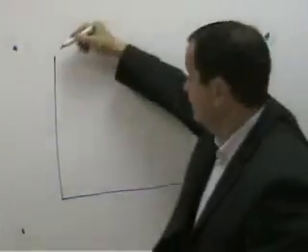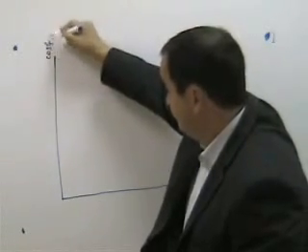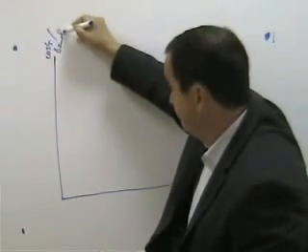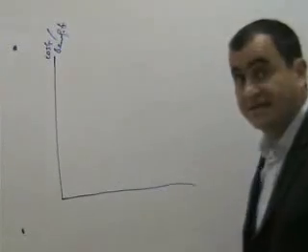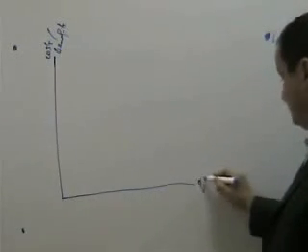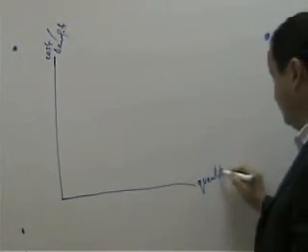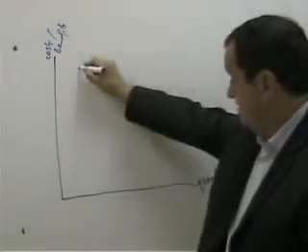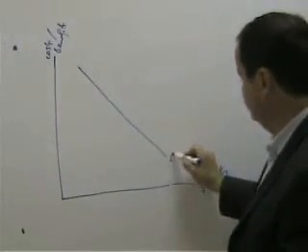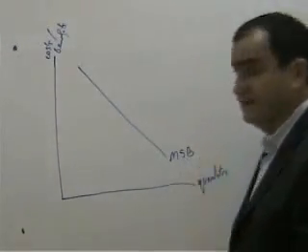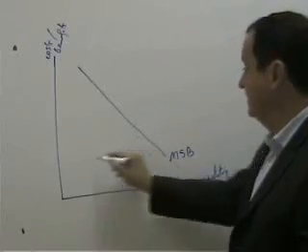On the vertical axis we have costs and benefits. On the horizontal axis we have quantity, or output. The marginal social benefits are downward sloping.